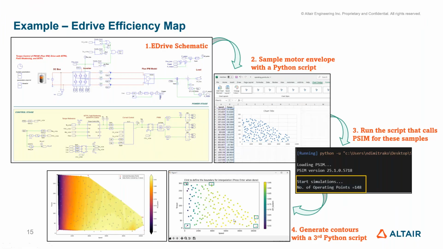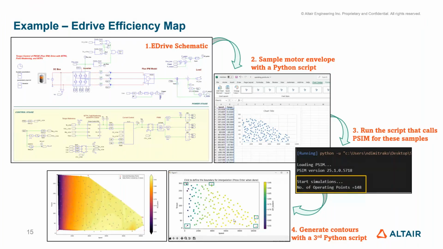So this is an end-to-end process of how to create an efficiency map with Python, which you can find online in our community. And this leverages the multi-thread PSIM function, which will be fixed in the next version. So right now it will only do consecutive PSIM calls.